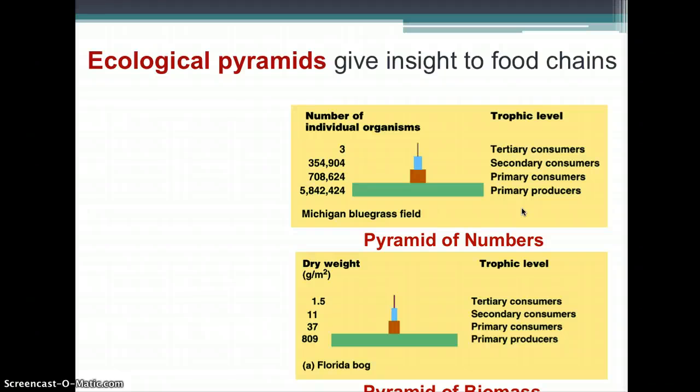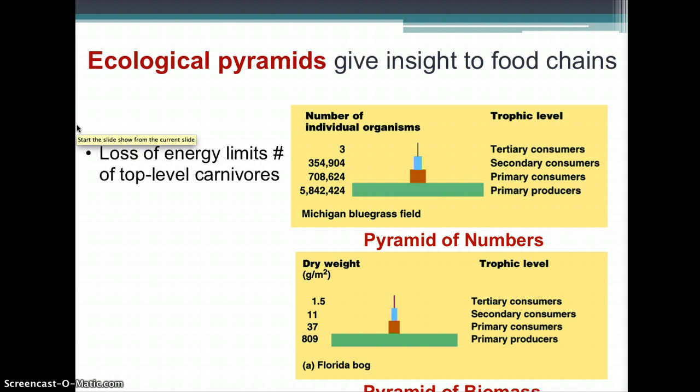We also have ecological pyramids that give insight to the food chain. One important ecological consequence of low trophic efficiencies is represented in a biomass pyramid, which is this one down here. Again, I apologize, it's cut off.